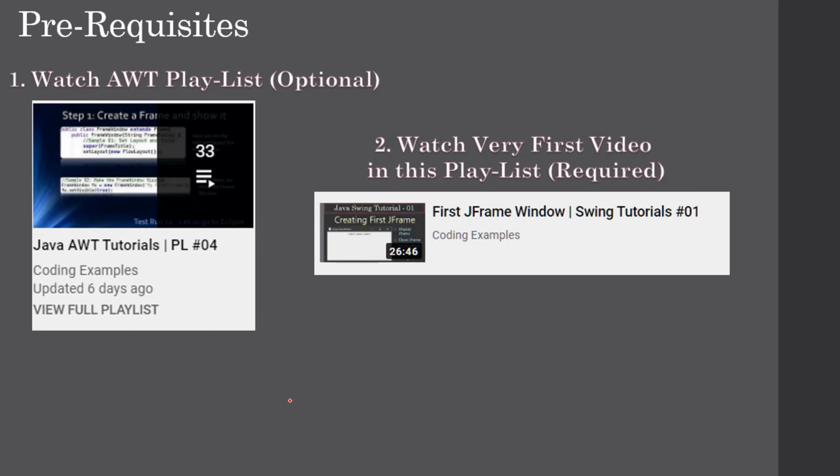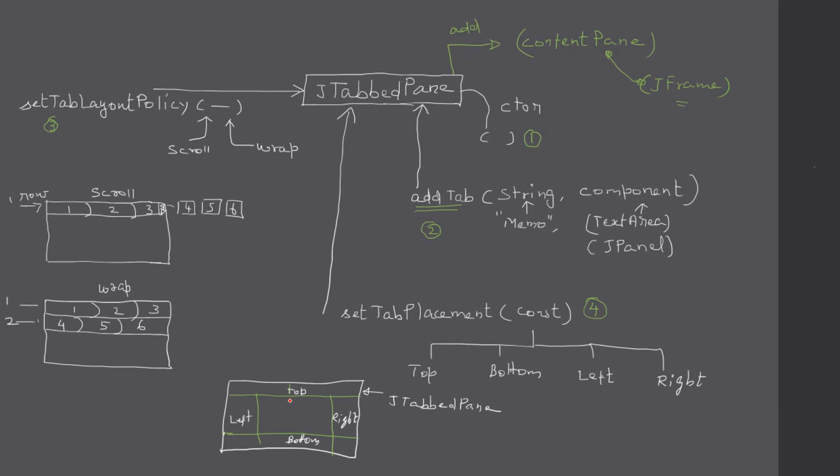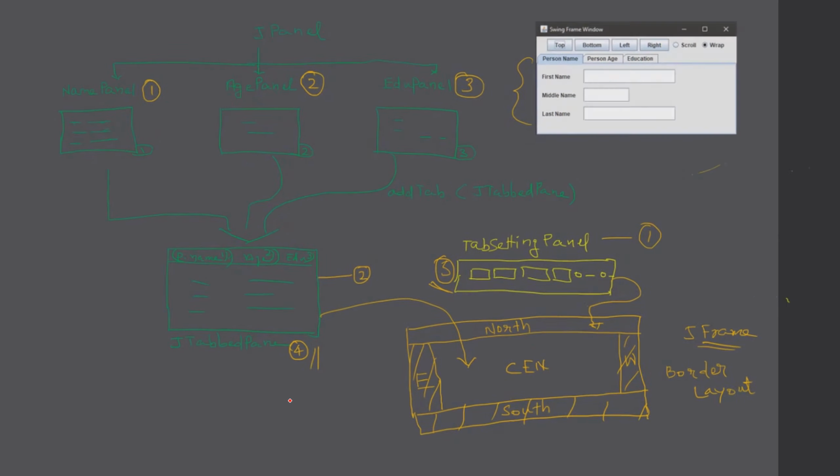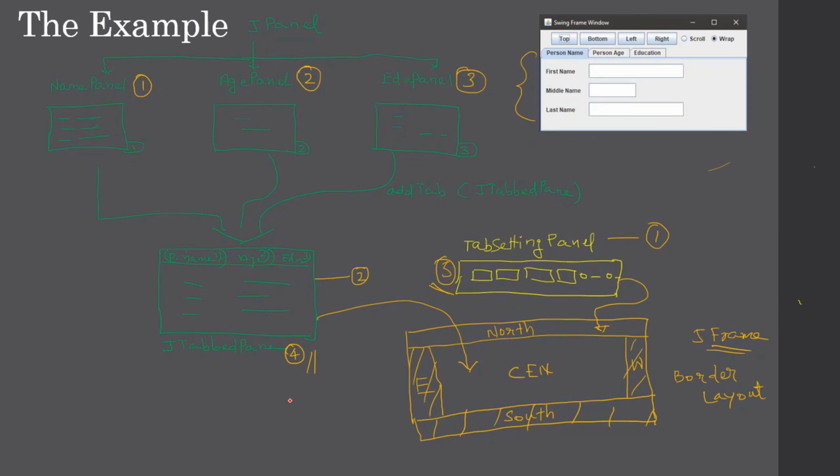So these are all the slides from previous two videos. Alright, now we will go ahead and create these panels. We will create a panel for a name, that means person name, then panel for age, then panel for education.